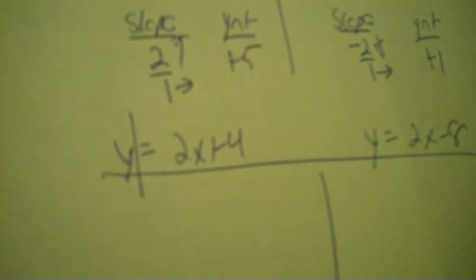Next one, y equals 2x plus 4, y equals 2x minus 8. You got y, you got x, yup. Make the wall. Is y by itself? Yup, sweet. We got the m and b right now.